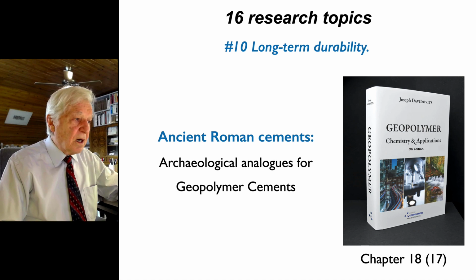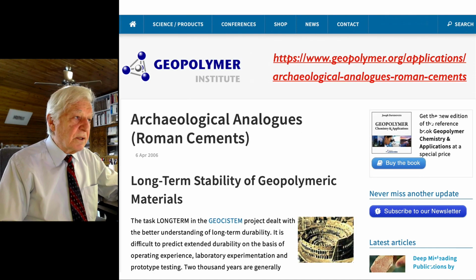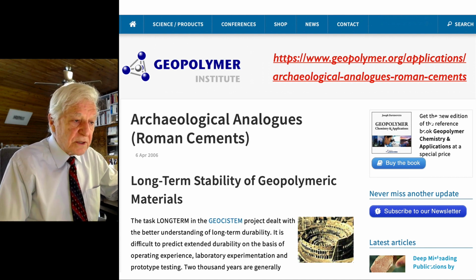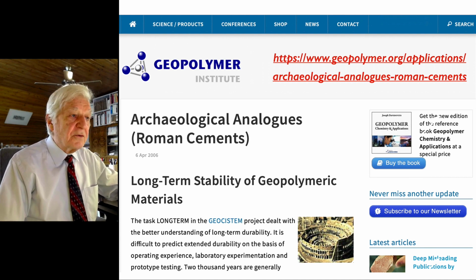These are archaeological analogues for geopolymer cement. You'll also find on our Geopolymer Institute internet site pages dedicated to that topic, titled Archaeological Analogues, Roman Cement and Long-Term Stability of Geopolymeric Materials, where I'm claiming that, in fact, in the good Roman cement, there is the presence of a geopolymeric network.